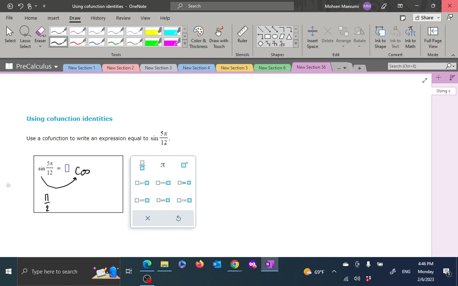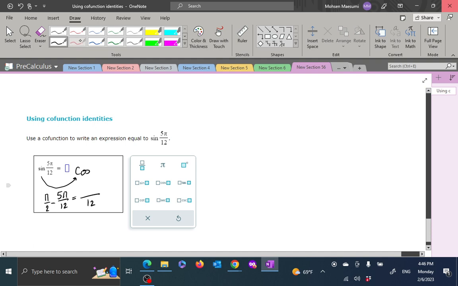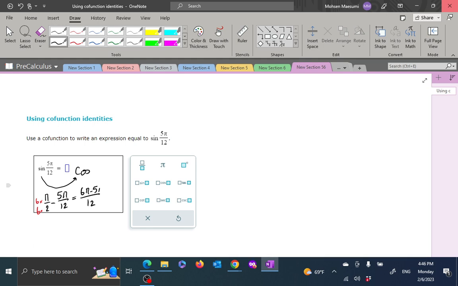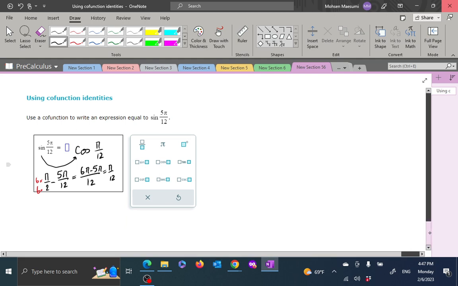This time we have to do it in radians, 5 pi over 12. Common denominator is 12. I have to multiply this by 6 for the denominators to be the same. 6 pi minus 5 pi becomes pi over 12. So pi over 12 is my answer. And I guess that's the last example I have here.